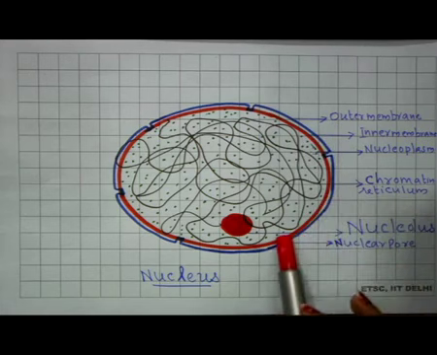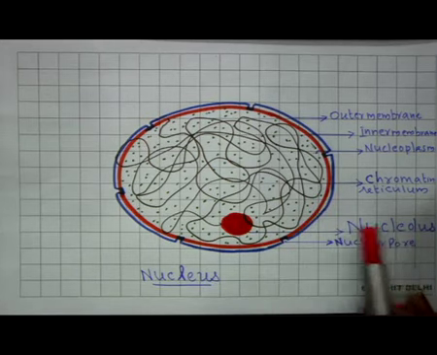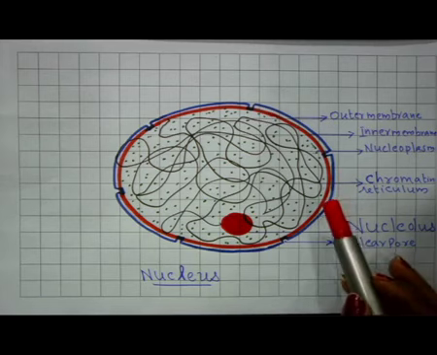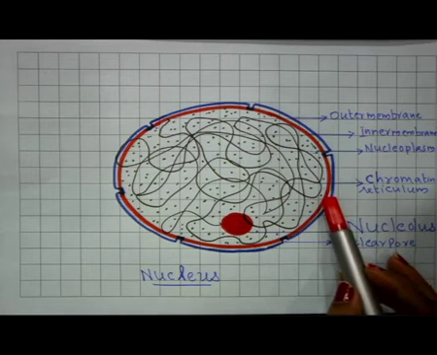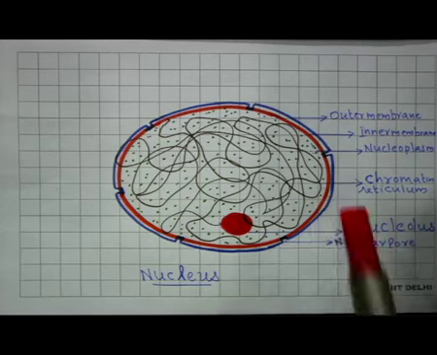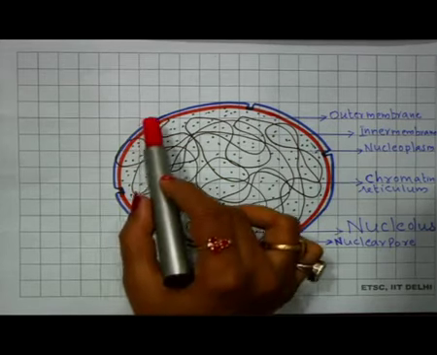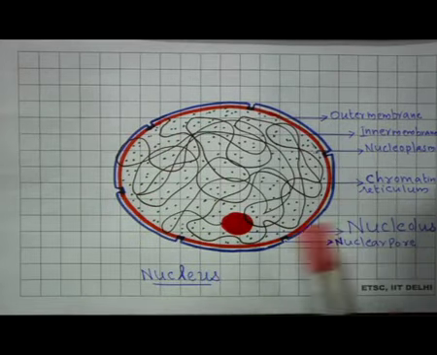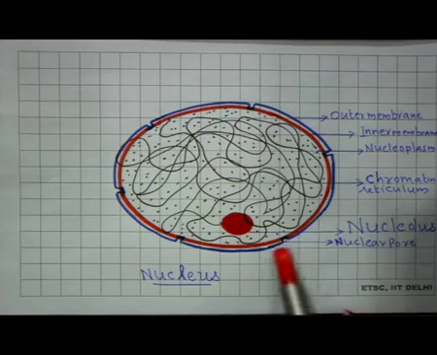Here in between these two membranes you can see a small narrow space, just like that of the mitochondrion as well as the chloroplast, the perinuclear space. And here and there you can see minute pores, and these pores we will call nuclear pores.